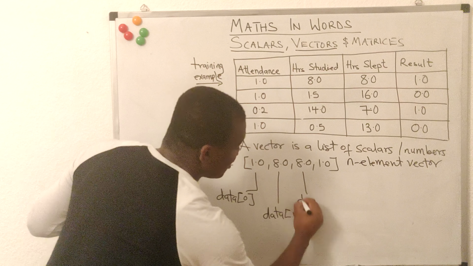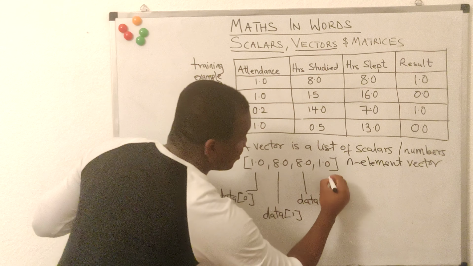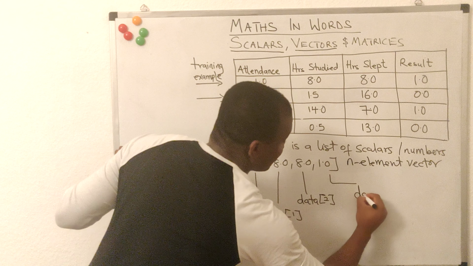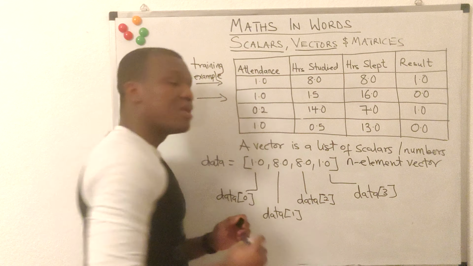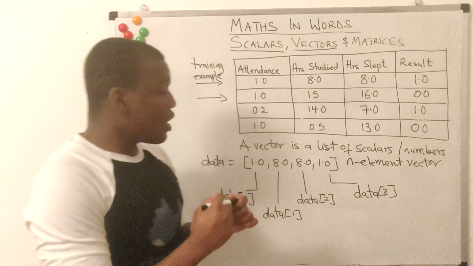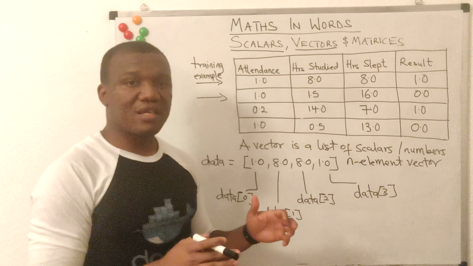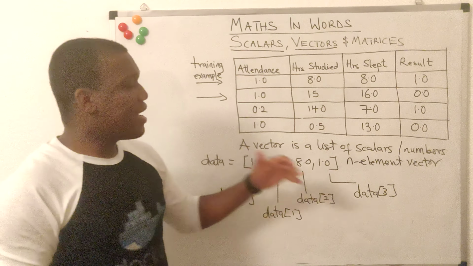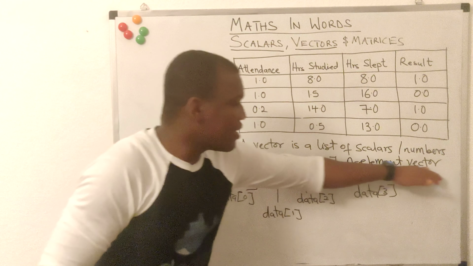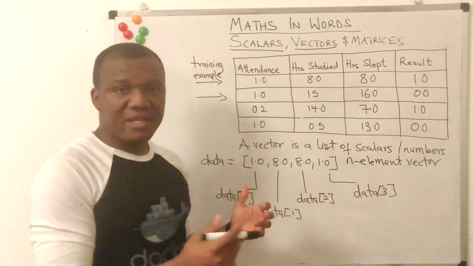This is going to be data[2], and this is going to be data[3]. So this is all you need to know about vectors as far as machine learning is concerned. You need to know that it is a list of scalars and it has a size which is represented by the number of elements in there.